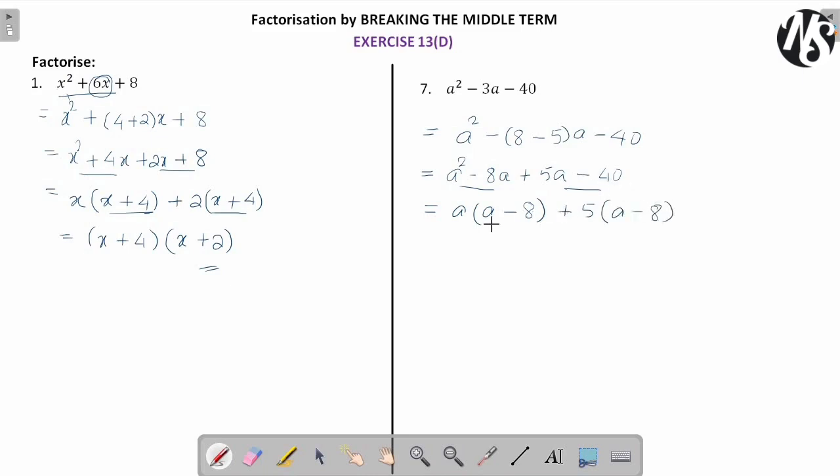See, here also we have a minus 8, here also we have a minus 8. So take a minus 8 as common. Here only a will be left, plus here only 5 will be left. So this will be the factorization of this particular expression. You may pause the video and note down your solution.